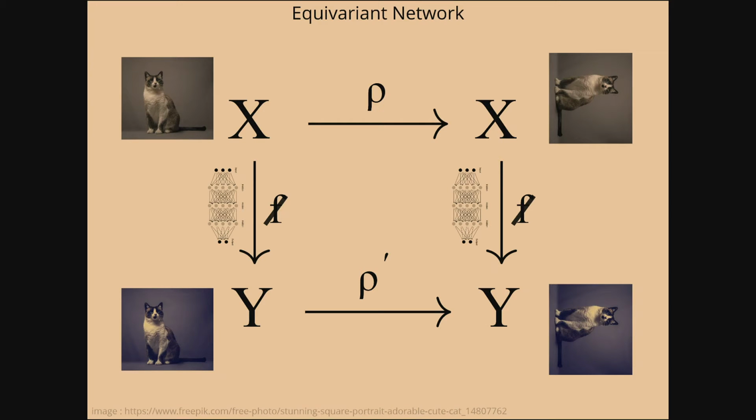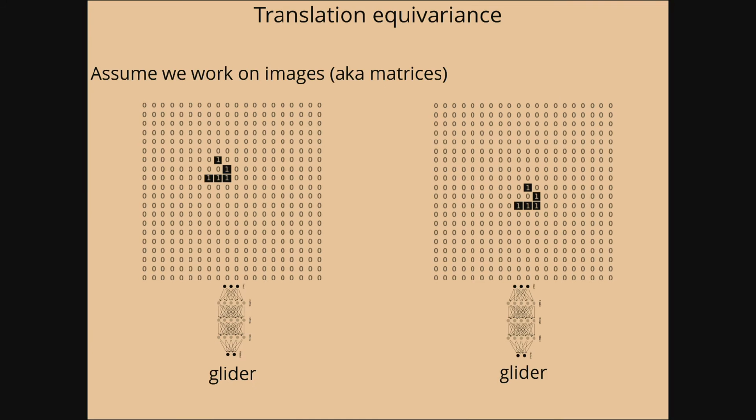Then what we can do is we say that our network is equivariant if it doesn't depend on the rotation. Is this clear? Okay, perfect.